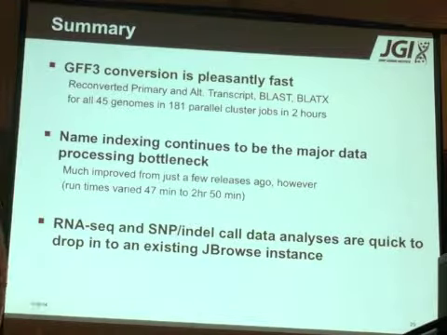I think that a lot of it has to do with which node I get assigned to and what other jobs are running on that node, and idiosyncrasies like that aren't too important. The fact of the matter is that I can index an entire genome now in under 3 hours if I'm lucky. And then for things like RNA-seq and SNP data, it's nearly drag and drop as far as displaying it in JBrowse now, which is really nice.